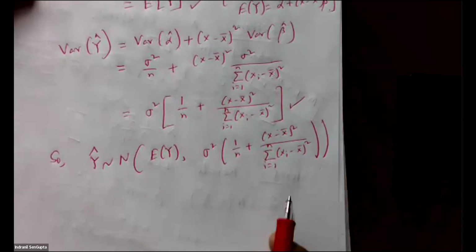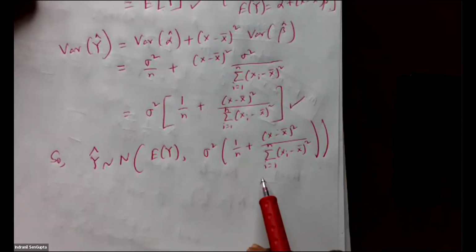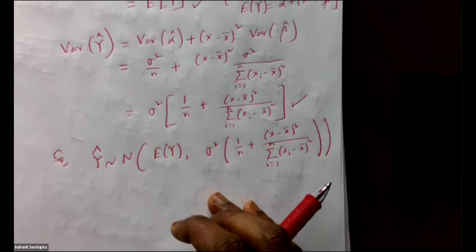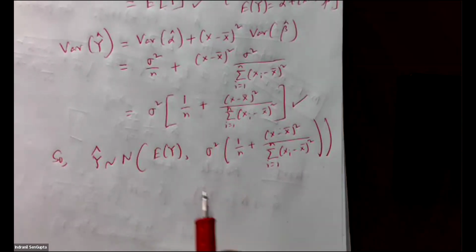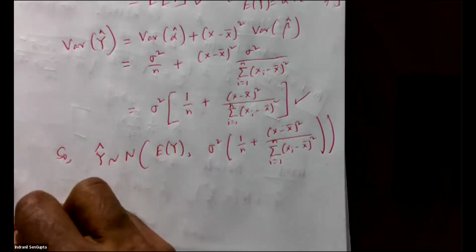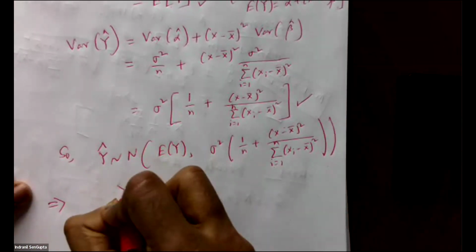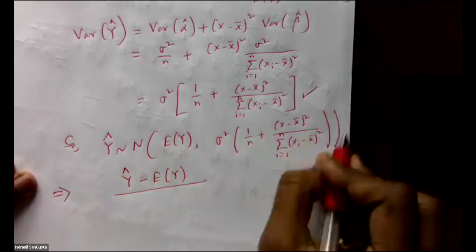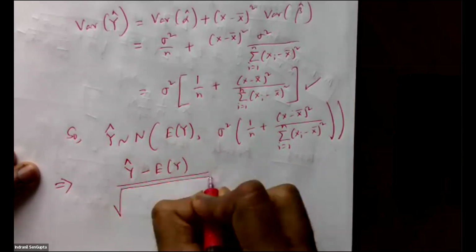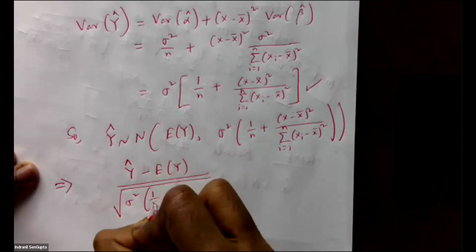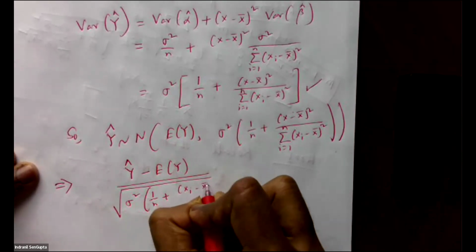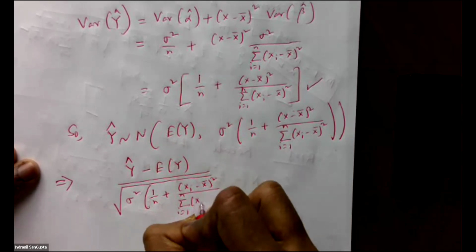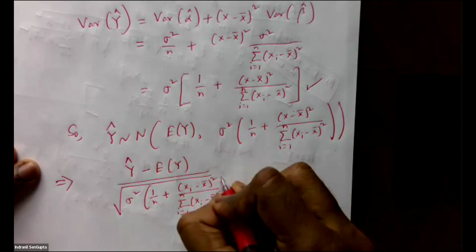Now, please note that from all the expressions we have here, I can compute that (y hat minus E of y) over the square root of [sigma squared times (1/n plus (x minus x bar) squared over the summation i from 1 to n of (xi minus x bar) squared)].